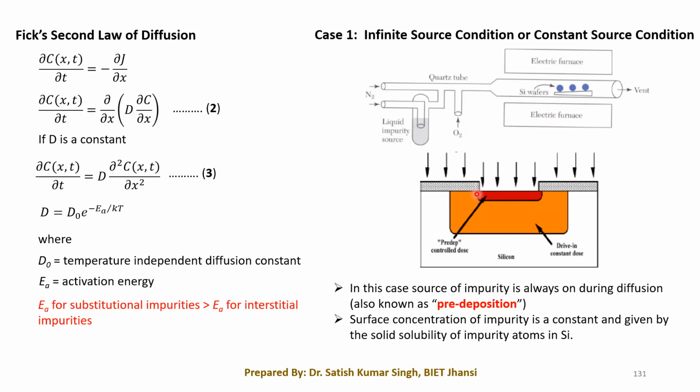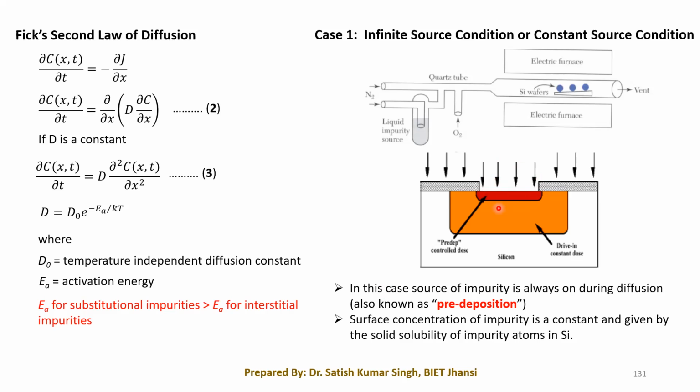This surface concentration is limited by the solid solubility of the impurity atoms in the silicon. That is the maximum diffusion that may be possible, since the impurity is available in gaseous form and then diffuses into the solid. So that concentration is governed by the solid solubility and is equal to Cs.